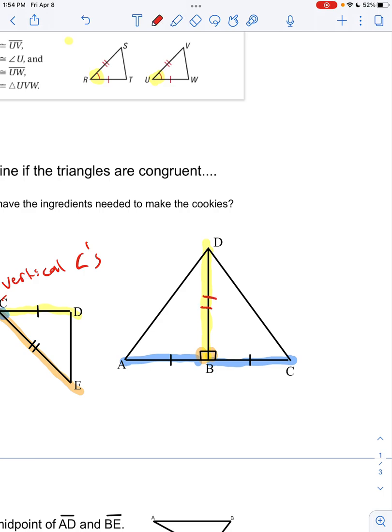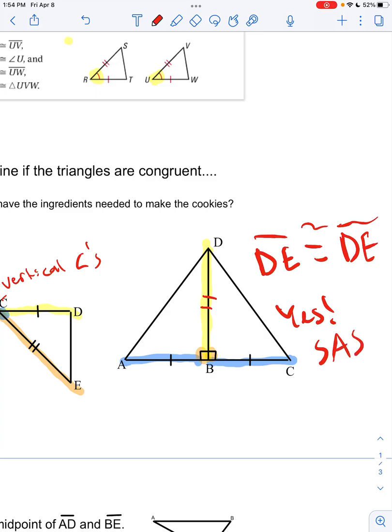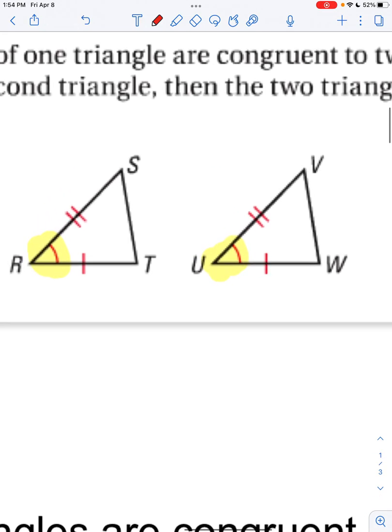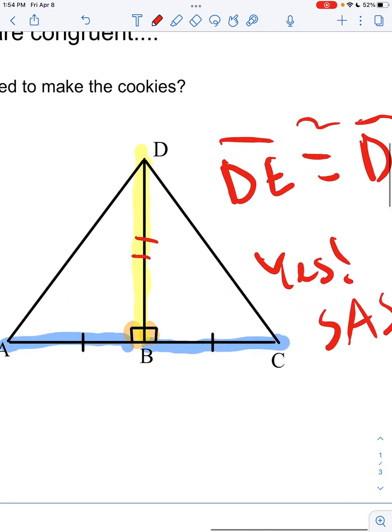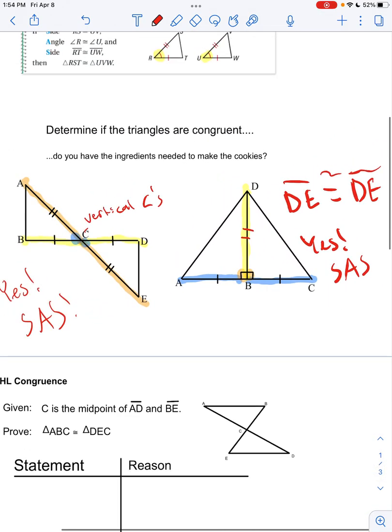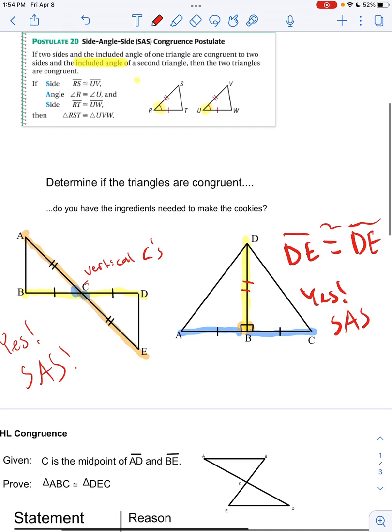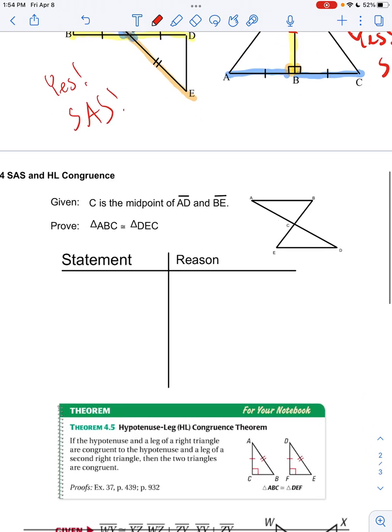So because this side is shared, line segment DE is going to be congruent to line segment DE, which is what we wanted. So this does have side angle side. So they don't have to be together. They can be separated or they can be connected and potentially share either an angle or a side, something like that to help us.